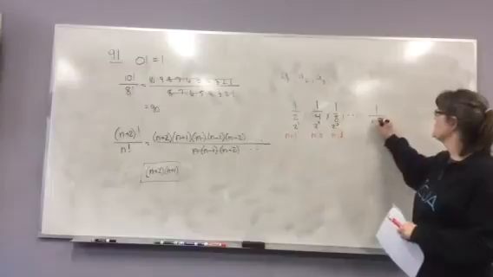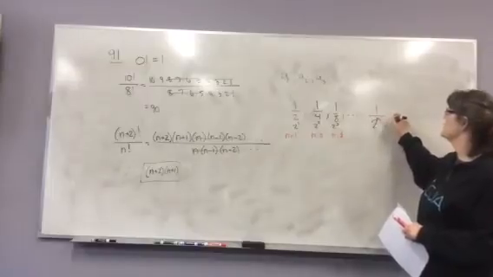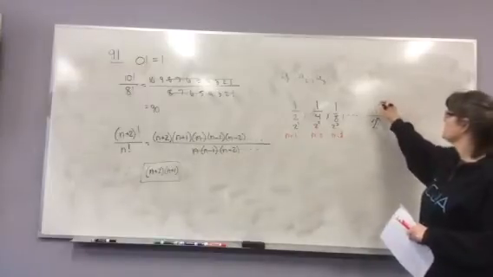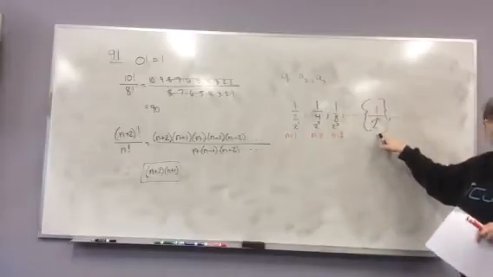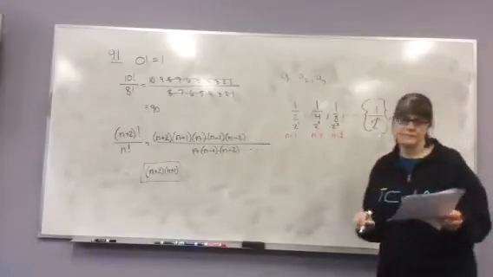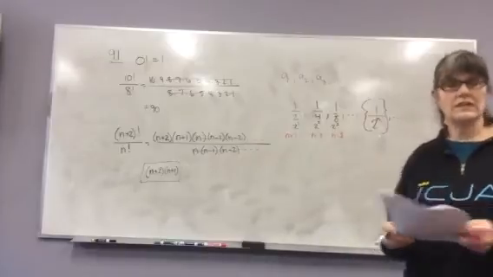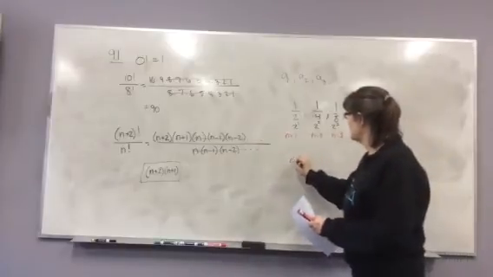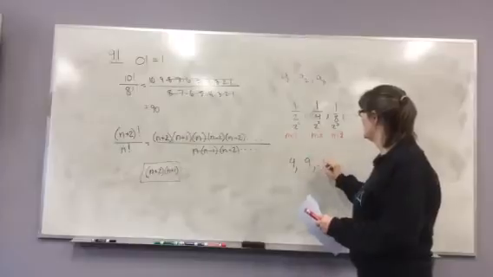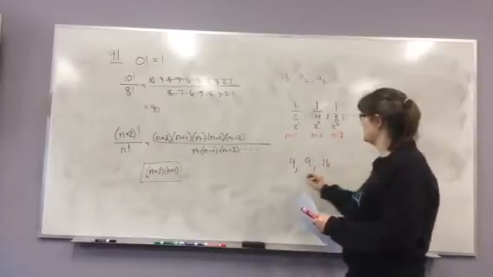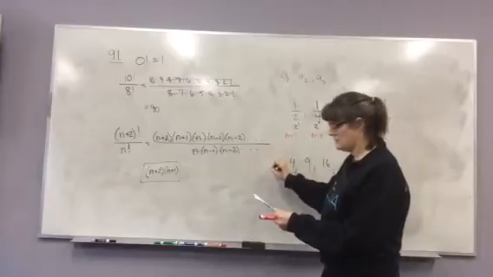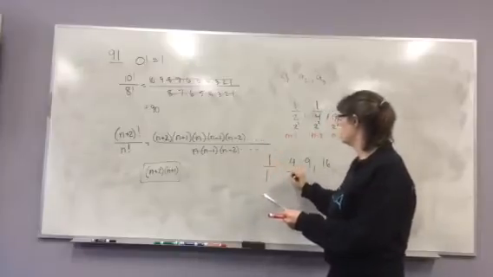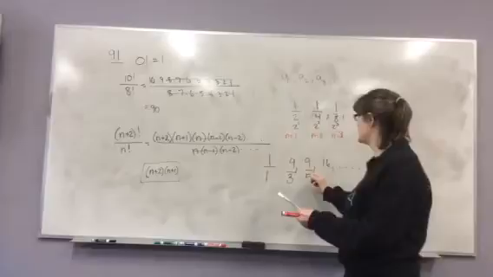So the nth term must be 2 to the n. So we can express our sequence in terms of the nth term. Well, let's look at the next one. 1, 4, 9, 16, etc. divided by, oh, I forgot the 1. I'm going to write it as 1 over 1 so that we're consistent.